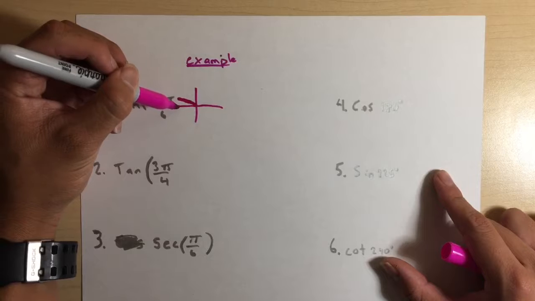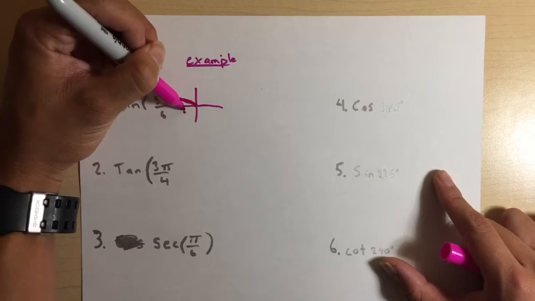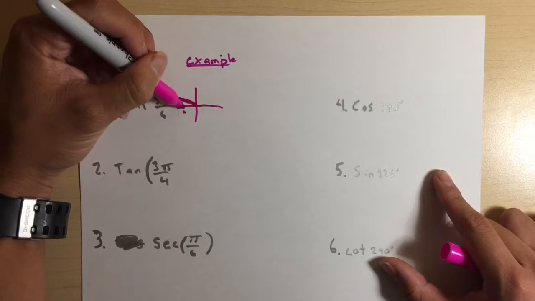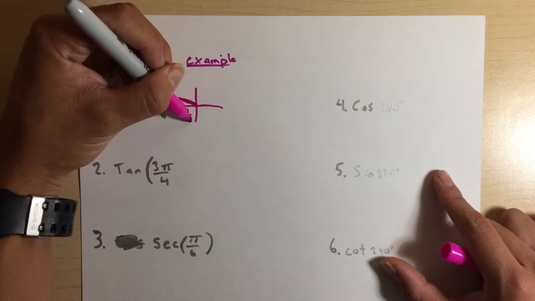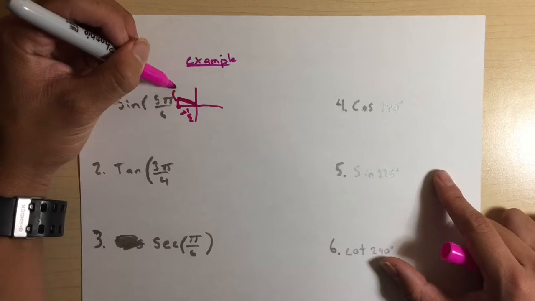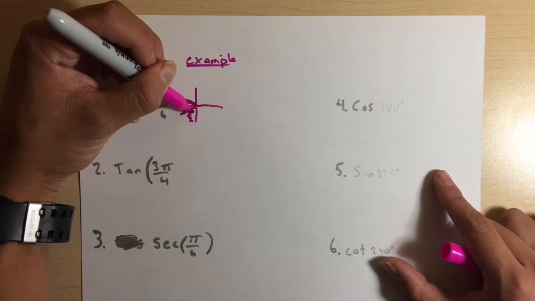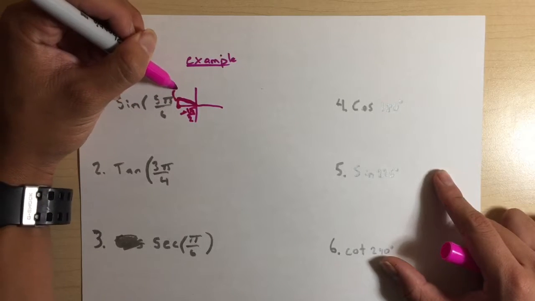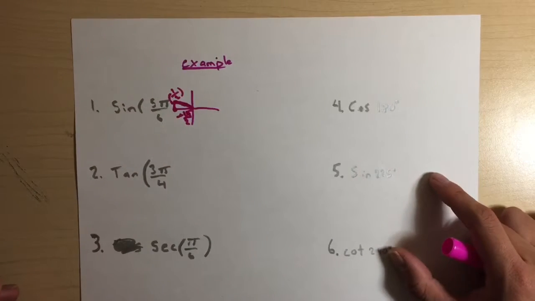And from there I know that this side right here equals negative 1/2, and this equals negative rad 3 over 2, and this equals positive 1/2.